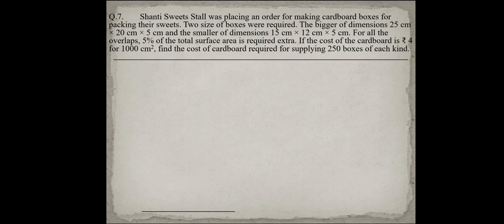Now in each and every box there is one covering surrounding it, so the extra for that is given as 5%. So for all the overlaps, 5% of the total surface area is required extra. It means that area is required extra.